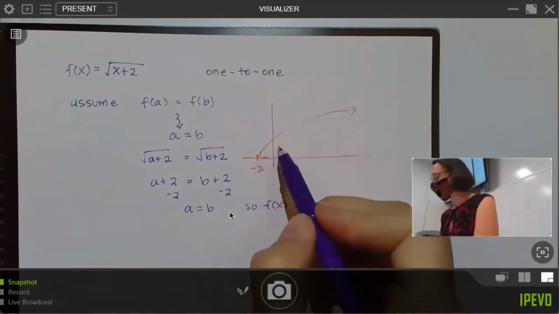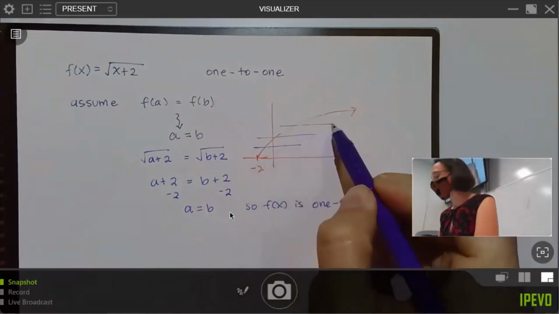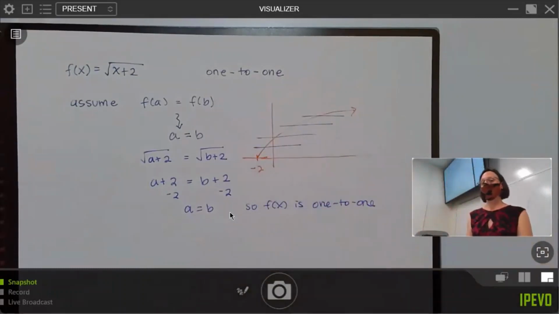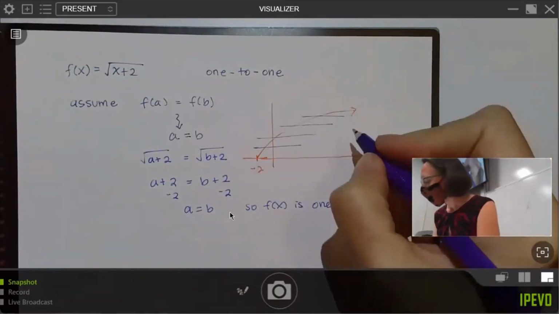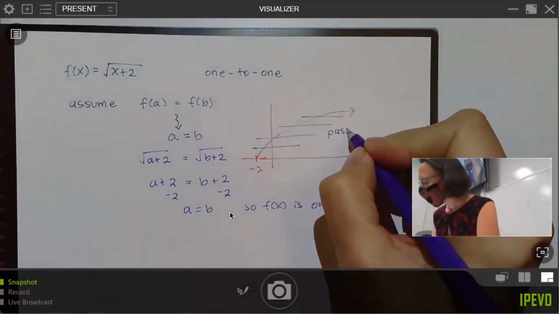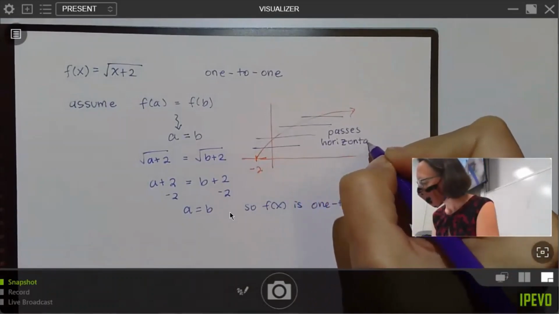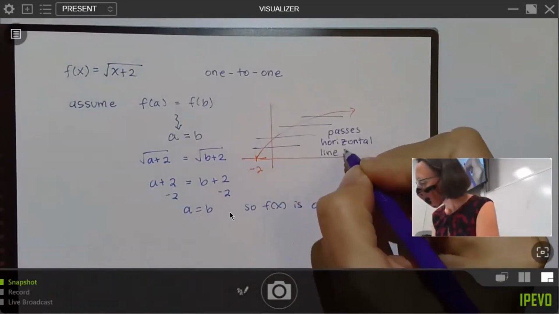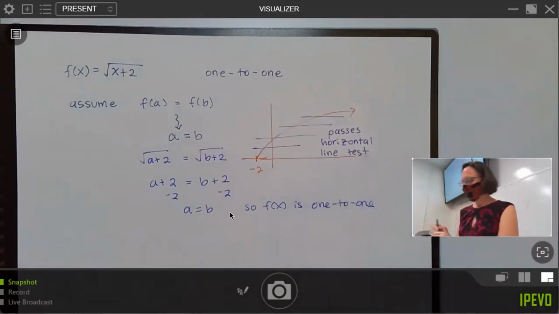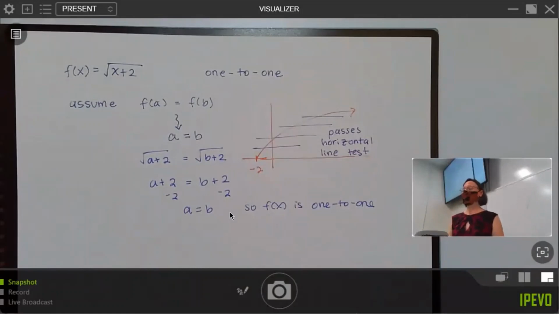No matter where I draw that horizontal line, it's only going to cross the curve exactly once. The algebra part is definitely the most rigorous way to show that it's one-to-one.